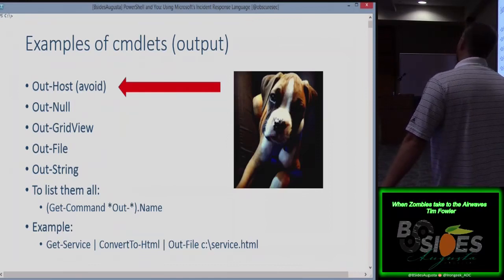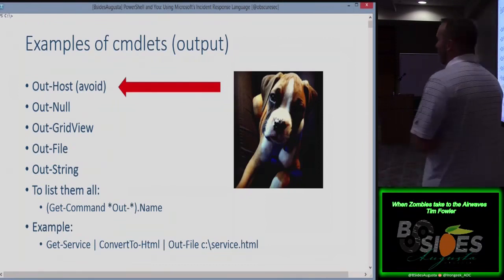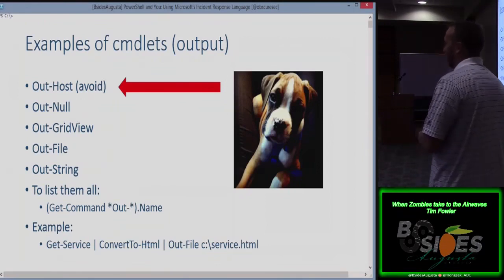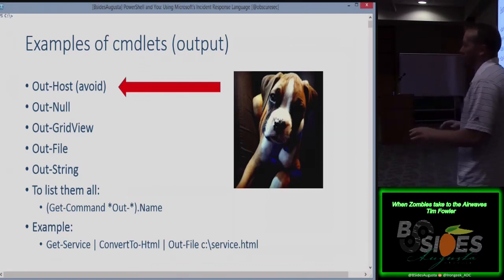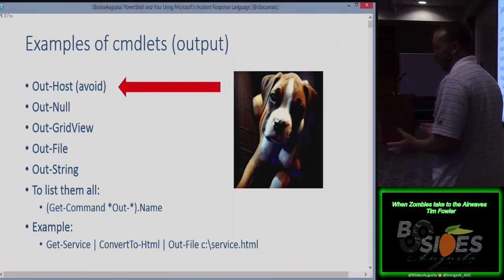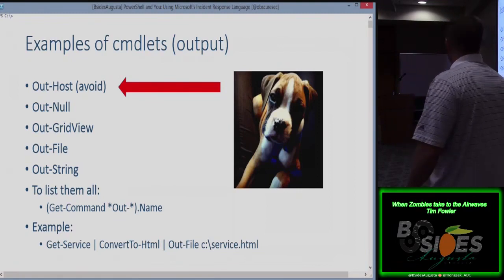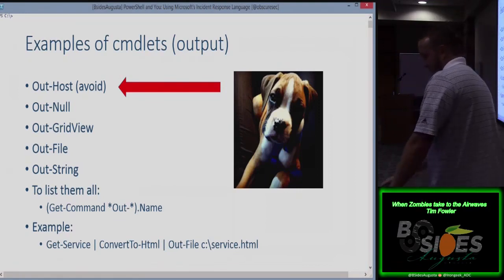Out-Host is the equivalent of echoing the results out to standard out. The problem is there's so much more data than what is going to be echoed out, and you're making the decision for the end user. So you're already taking away data that they could potentially want. So what you want to do is shove it into an object and then return the object. So don't use Out-Host.